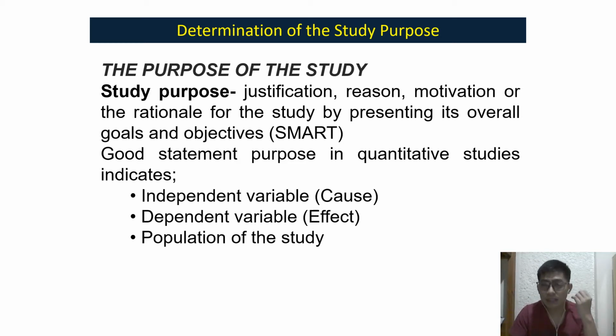So it should be specific, measurable, attainable, realistic, and time-bound. So your objective should be based on these five characteristics. A good statement of purpose in quantitative studies indicates the independent variable or the causal factors, the dependent variable or the effect, and the population studied.